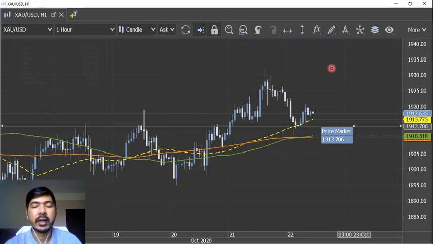So we will be getting the risk reward ratio of 1 is to 2.